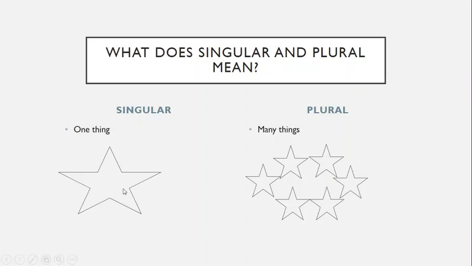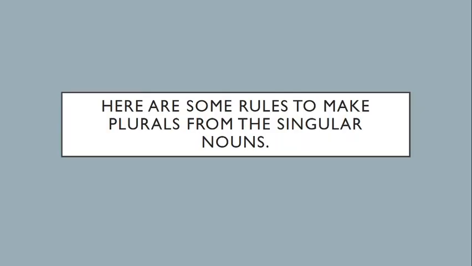Star, this is a star, it is singular, and these are stars. What are these? Stars. And these are plural. What was the difference between this and that? This is one thing, it is singular and it is called star, and this is plural, these are many things and these are called stars.